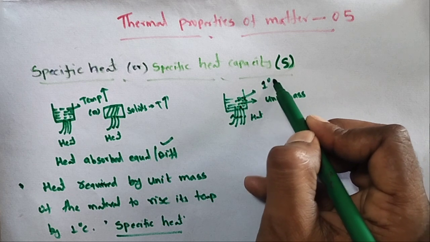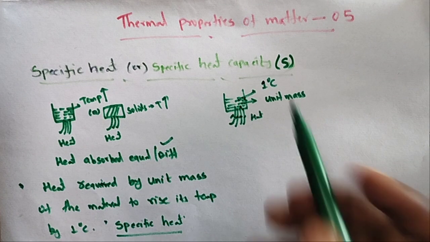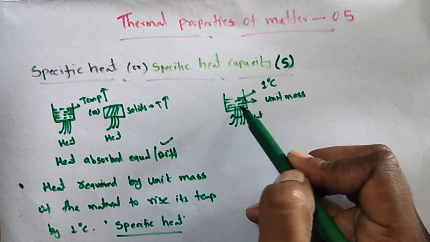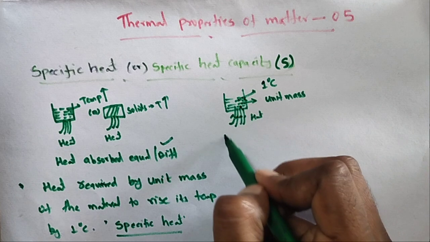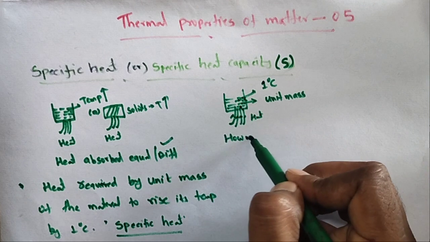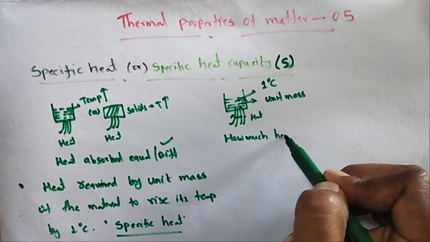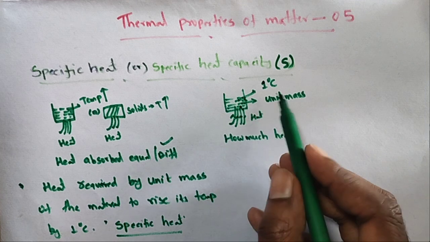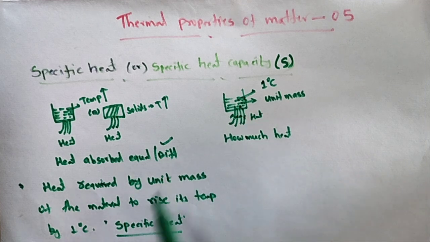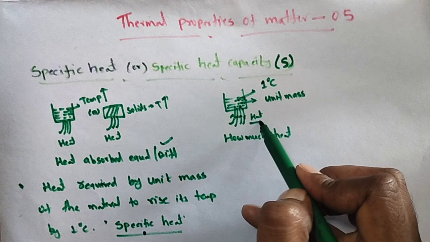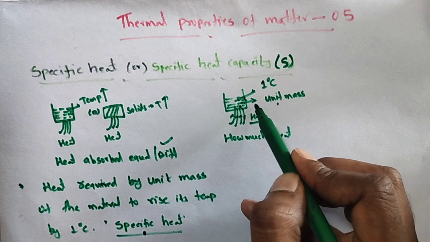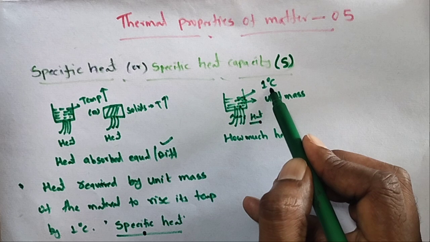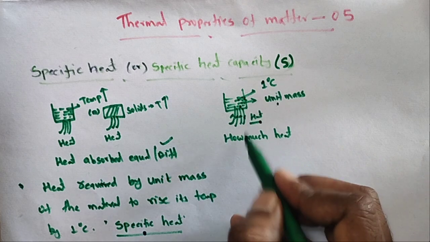Only 1 degree C. So for unit mass of liquid to increase by 1 degree C, how much heat is required? That is called specific heat. The heat required for unit mass of the substance to increase by 1 degree C is called specific heat.